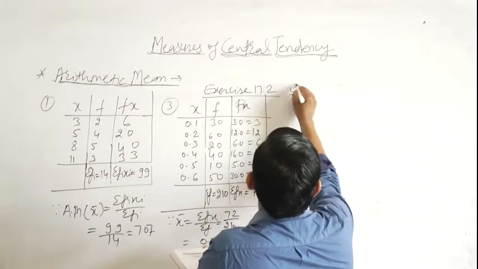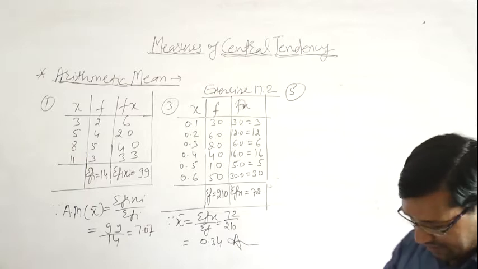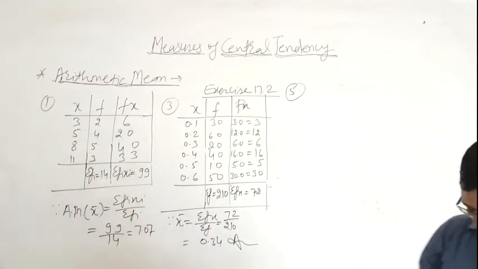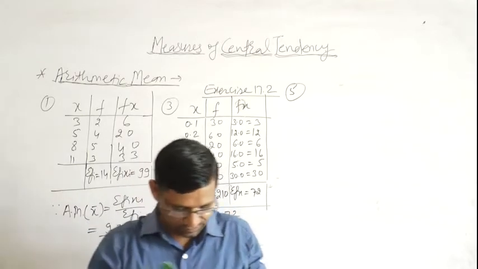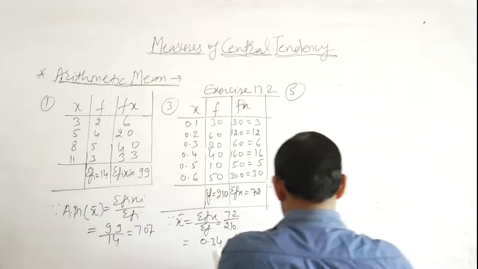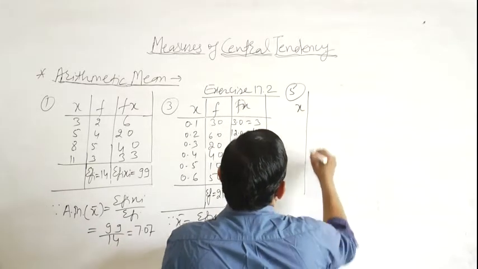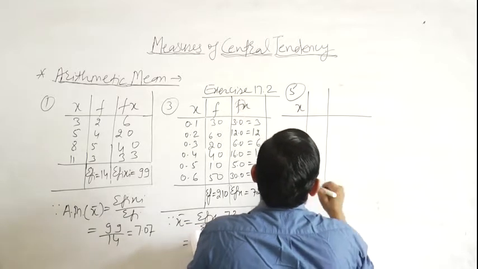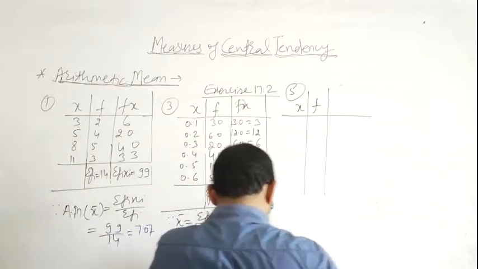Now question number 5. The number of children in 100 families are as follows. How many families? 100 families. Number of children and number of families. So number of children, it means this is observations x, and number of families, it means frequencies.